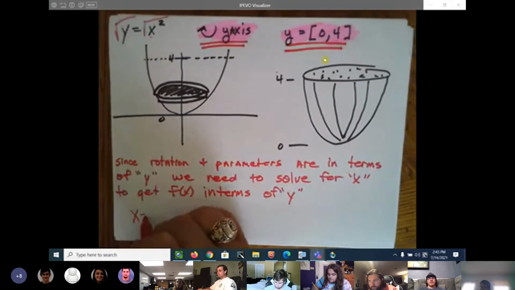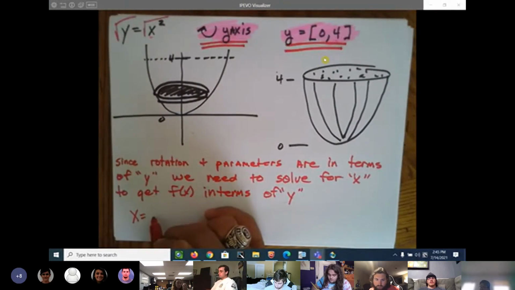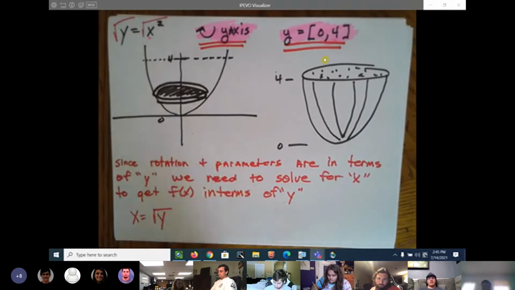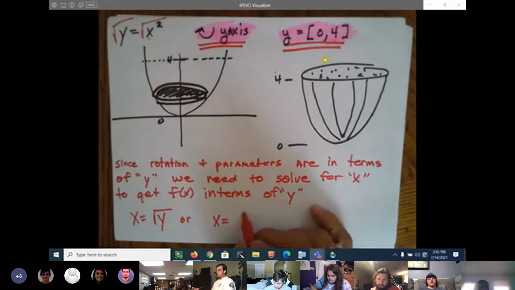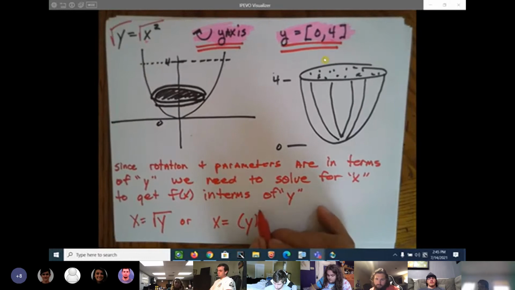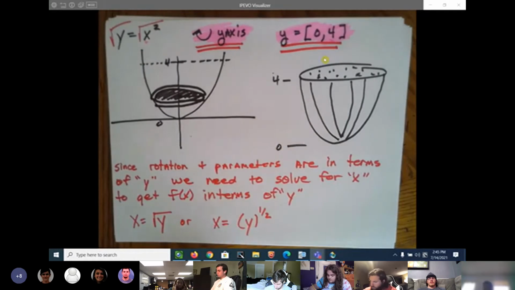So x is equal to what? The square root of y. Or x is equal to y to the 1/2 power. Now you can set up your integration. Just go ahead and set it up.